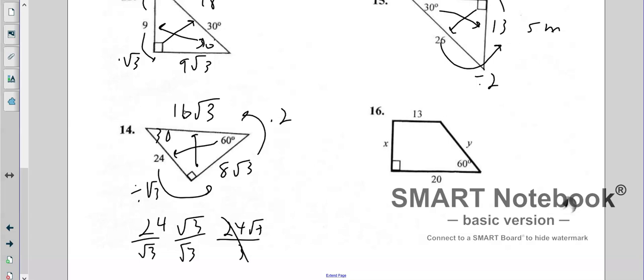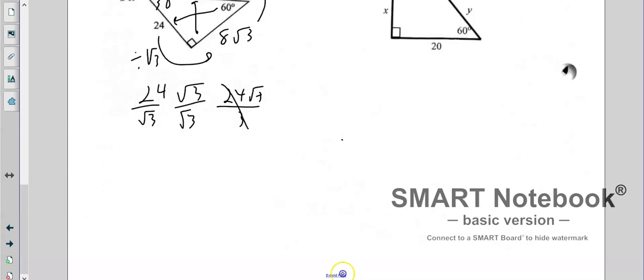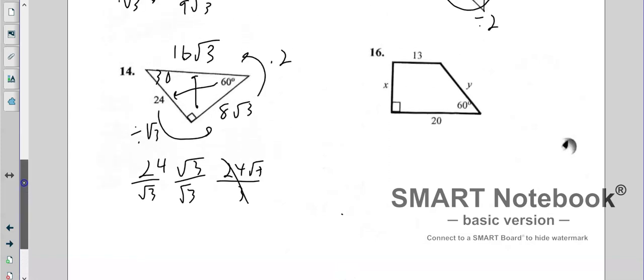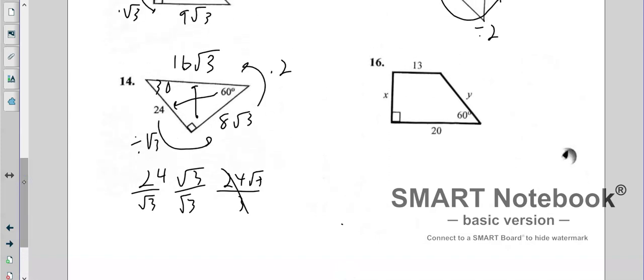Now this last one here is kind of tricky. I'll give you that. We actually have to draw a line down here and make this into a square. So this is going to be the same thing here. That means this is 13, which means this is 7. Well, this is the 30-degree angle here. So this is my small side.